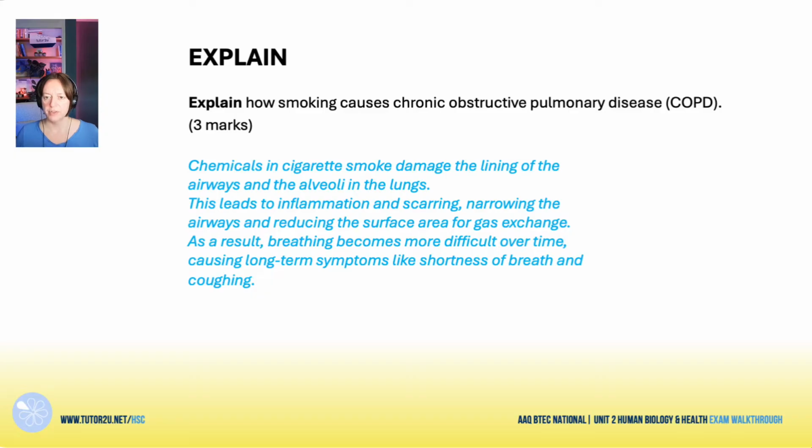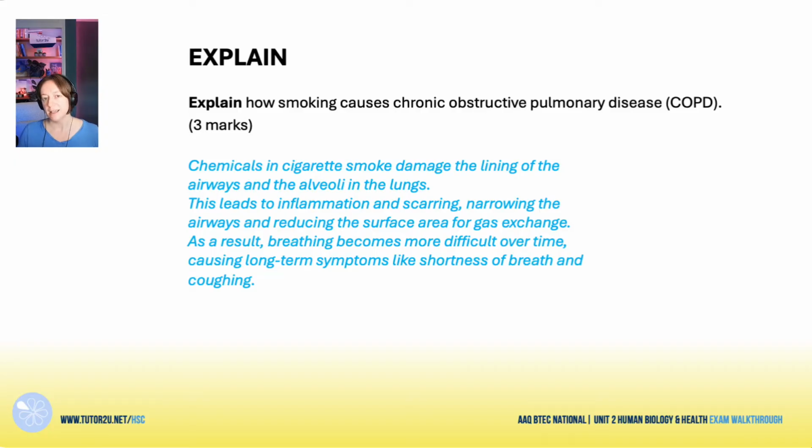So here is my answer, and what I've done is I've put each new part of the answer onto a new line. So my first point, my what: chemicals in cigarette smoke damage the lining of the airways and the alveoli in the lungs. So that's what smoking does. Now I need to fully explain how or why that leads to COPD. So for my second mark, this leads to inflammation and scarring, narrowing the airways and reducing the surface area for gas exchange.